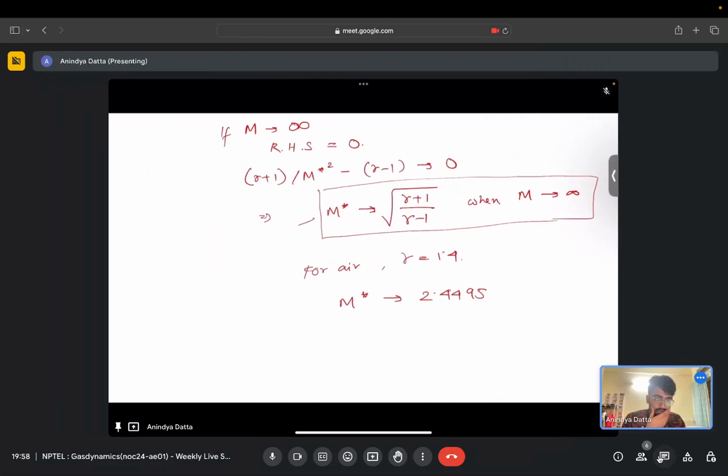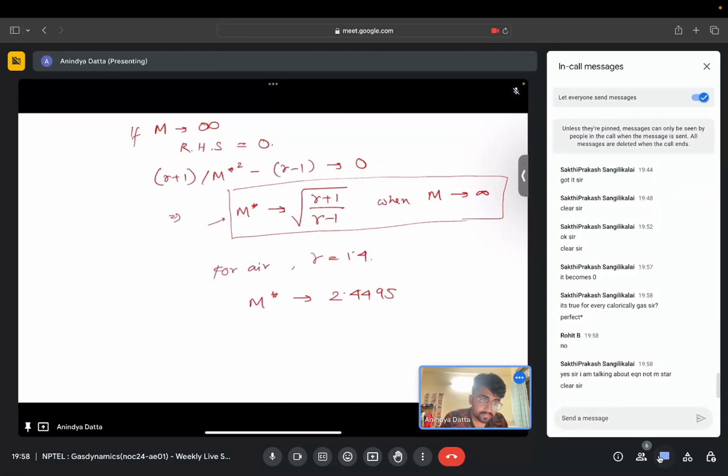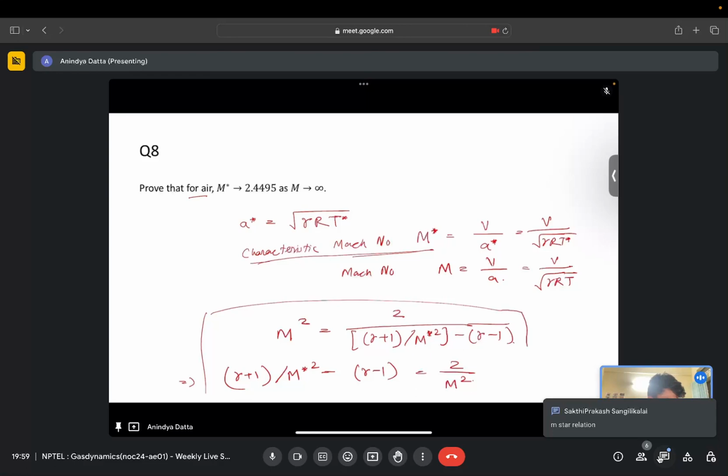Any other questions or doubts you can ask? Talking about which equation? Obviously this equation is valid.